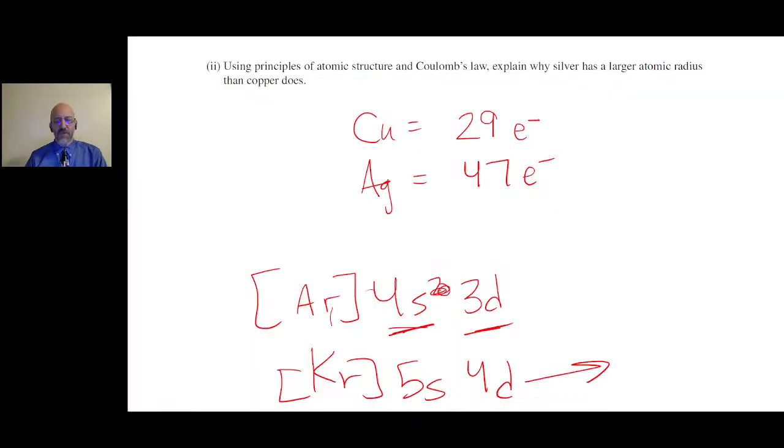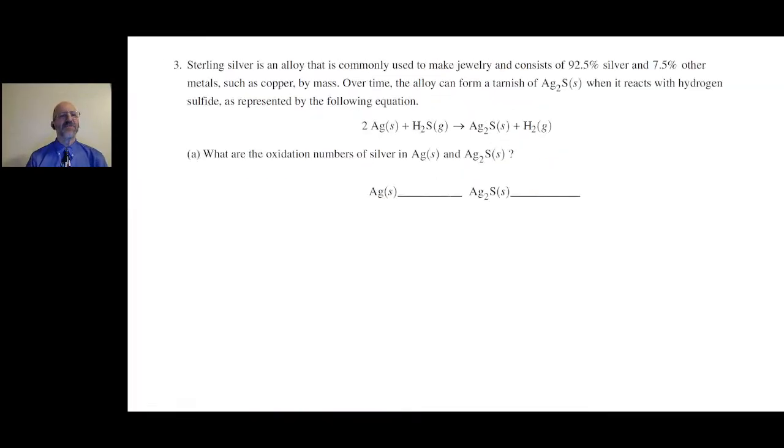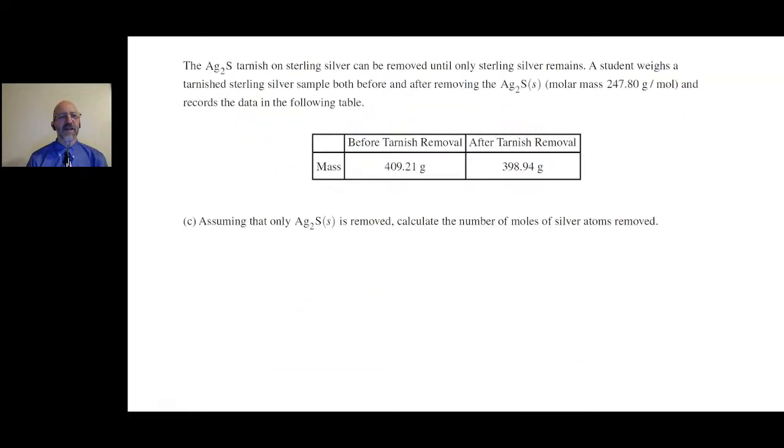All right, so they had mentioned something about a sterling silver alloy. Let's go ahead and revisit that. Here comes a chemical reaction. So there's tarnish, which has the chemical formula Ag2S, and it can be removed until you get just sterling silver. So they're getting rid of this tarnish.